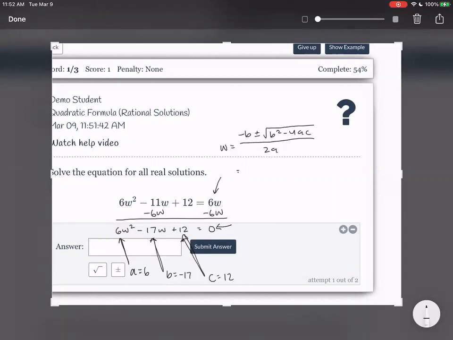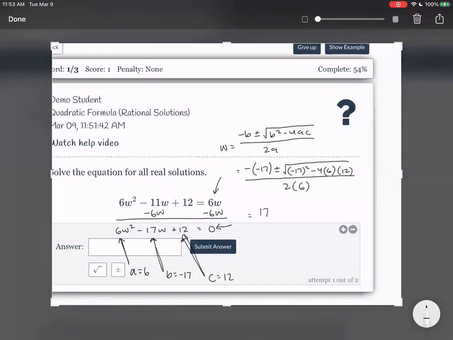So plugging it in, we have negative b, so negative 17, plus or minus the square root of b squared, so negative 17 squared, minus 4 times a, which is 6, times c, which is 12, all over 2 times a, which is 6. So just plugging it in. Let's simplify.